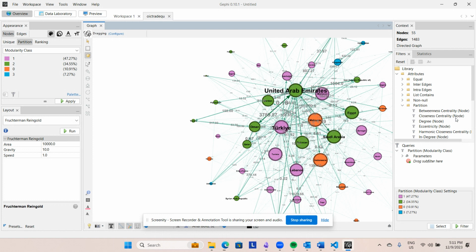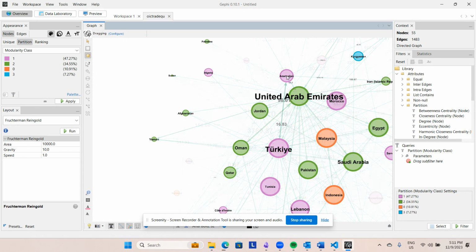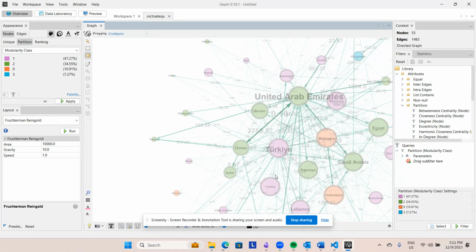In this example, I created a modularity analysis and colorized it. Here we can say it's not related to geography. It's not related to anything else, but it would affect, of course. We have five different classes. For example, the violet one, number one, has Azerbaijan, Morocco, Turkey, Tunisia, Lebanon, Algeria, and others.